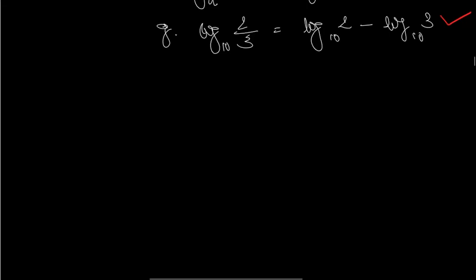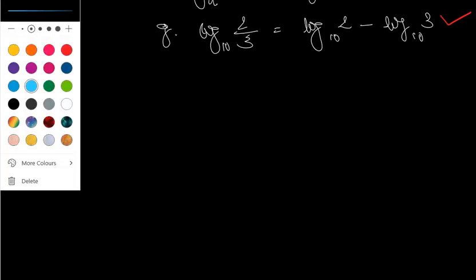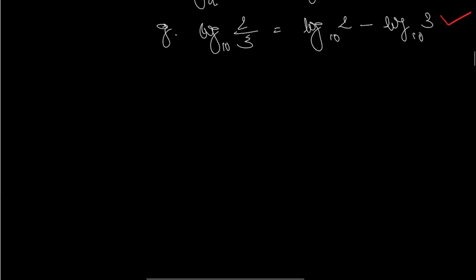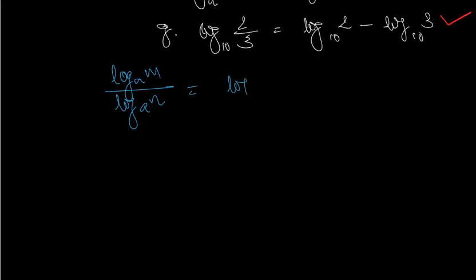So if someone would say, what if I have log of m to the base a upon log of n to the base a, can it become log of m to the base a minus log of n to the base a?